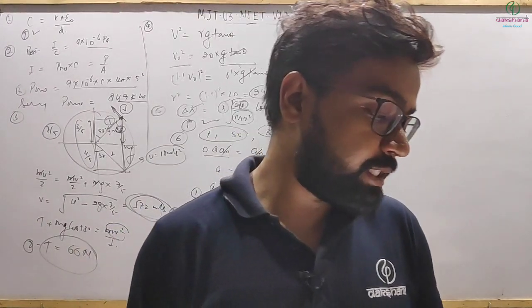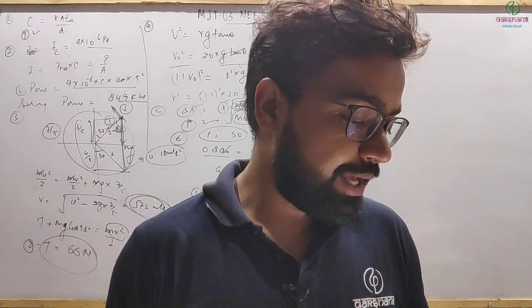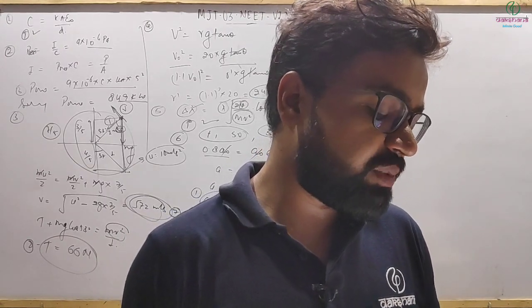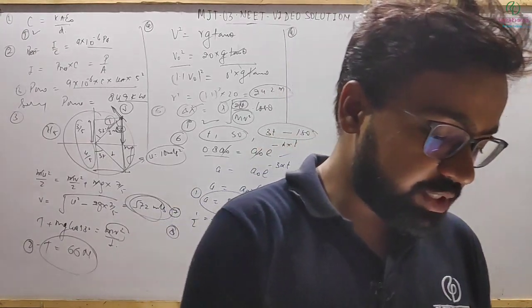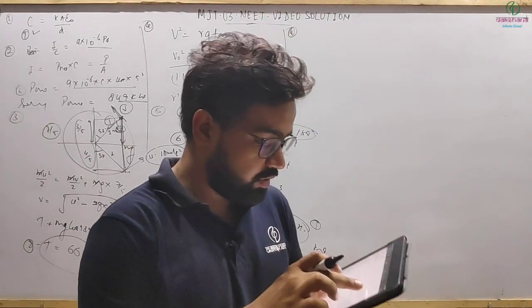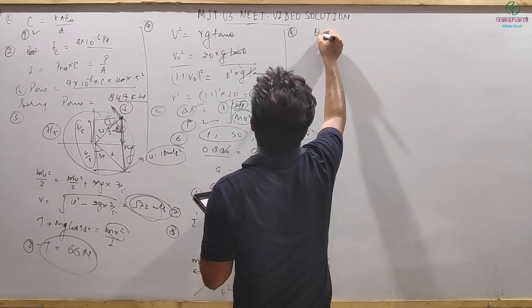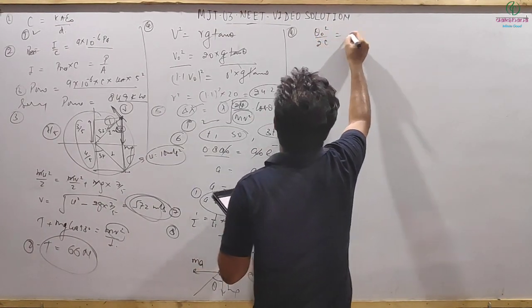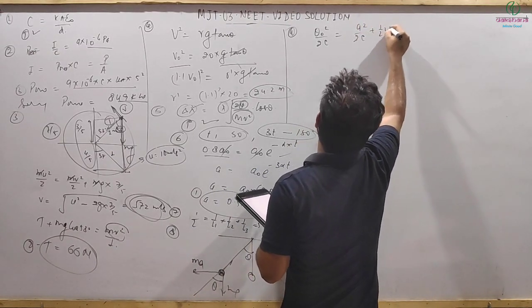A capacitor of capacitance C has initial charge Q0 and is connected to an inductor L as shown in the figure. At t equal to 0, the switch is closed. Find the current through the inductor when the energy in the capacitor is 3 times the energy of the inductor. So total energy is Q0 square by 2C, which equals Q square by 2C in the capacitor plus half Li square.